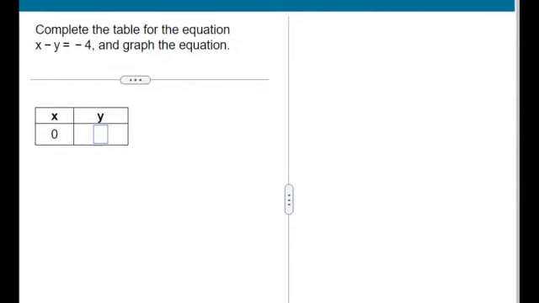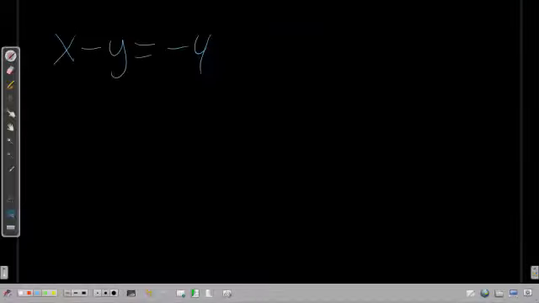Complete the table for the equation x minus y equals -4. So they started us off with x minus y equals -4.